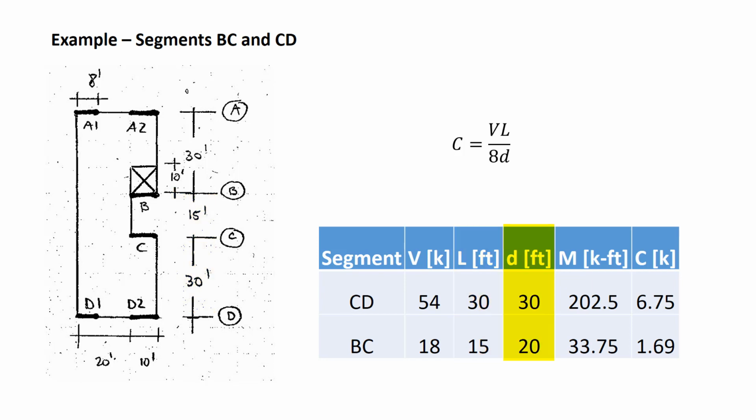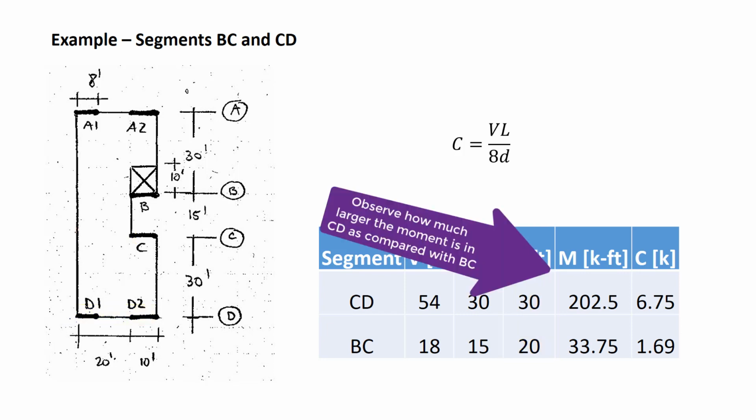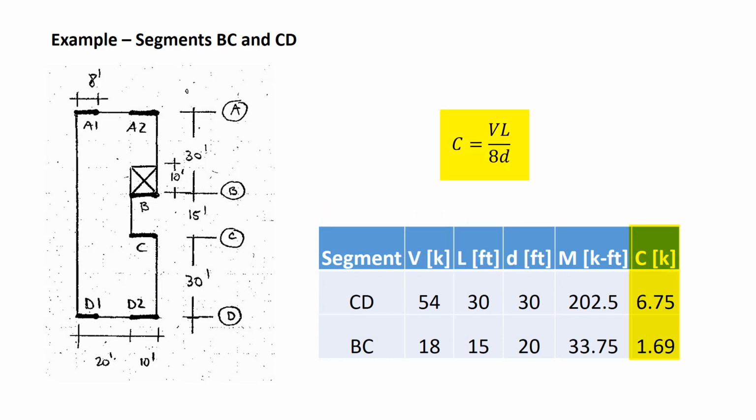In the fourth column, I'm showing the depth of that segment of diaphragm, 30 feet for CD, 20 feet for BC. As an intermediate step in the next column, I'm calculating the moment. And lastly, in the last column, we're using the equation that's shown above to calculate the chord force based on the value of shear in that section, the length of that section, and the depth of that section.